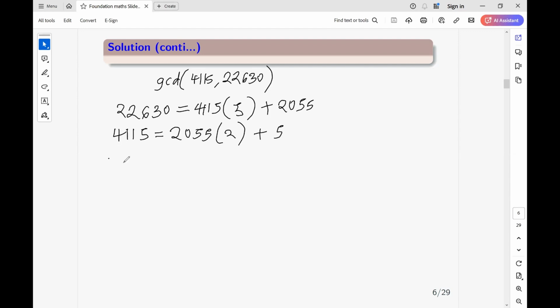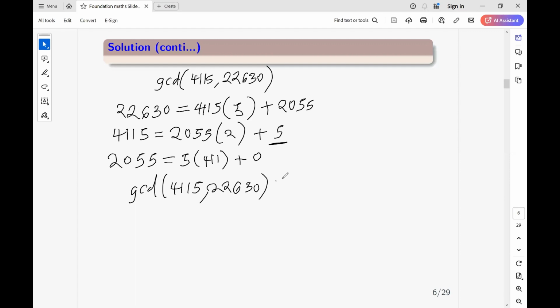We repeat the same procedure again, and here we have no remainder because they are both multiples of 5. So 5 will go into 2055, 411 times, and our remainder is 0. So our GCD here is going to be 5. So the GCD of 4115 and 22630 is 5 using the Euclidean algorithm.